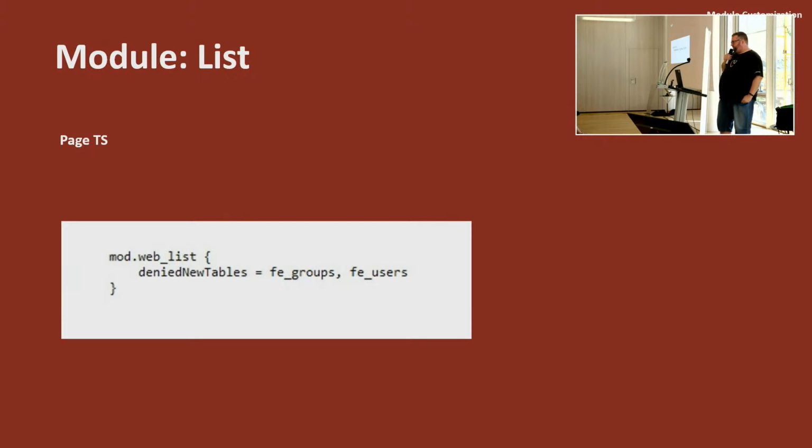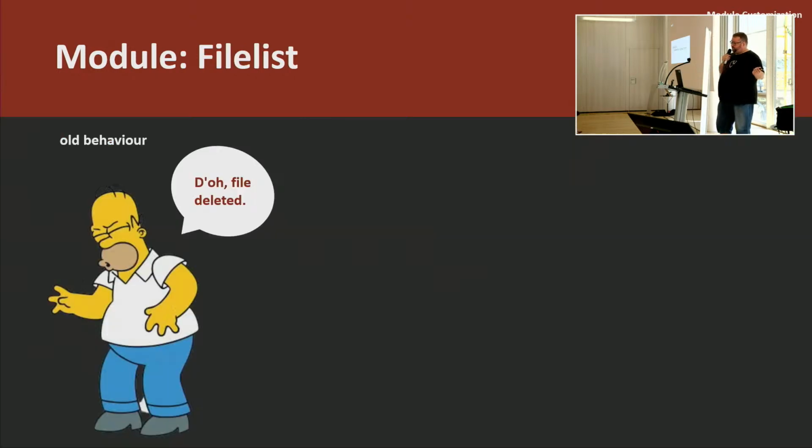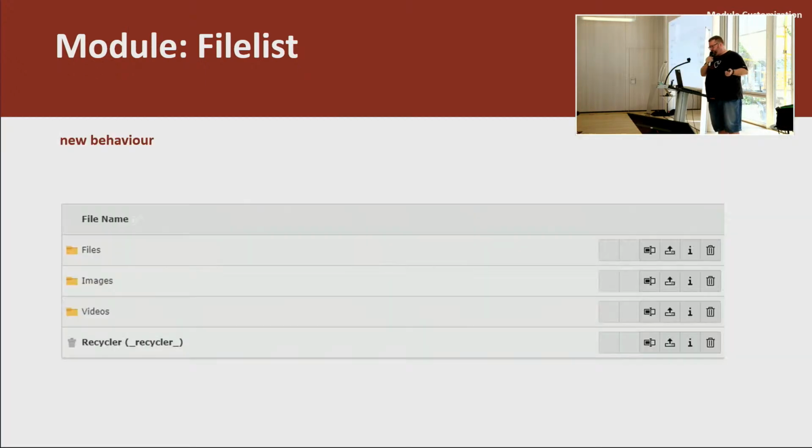We often have the situation that editors delete a file, and then we get a call asking what they can do. So we configure in every file list that the editors can see the recycler.